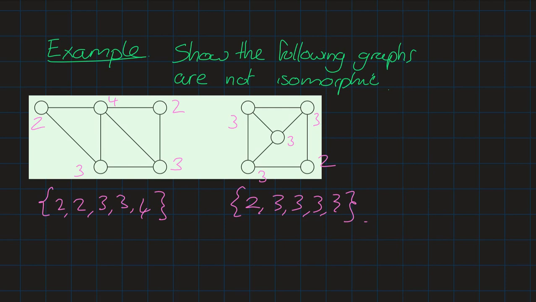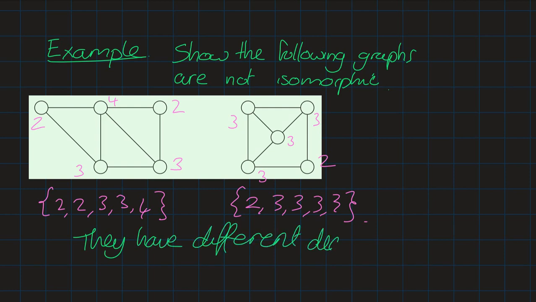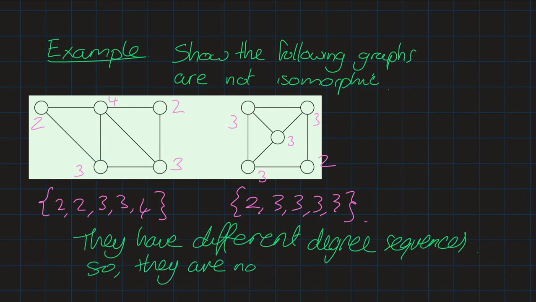So they have different degree sequences. Okay, so they're not isomorphic. And it's as easy as that. Okay, they have different degree sequences, so they're not isomorphic.